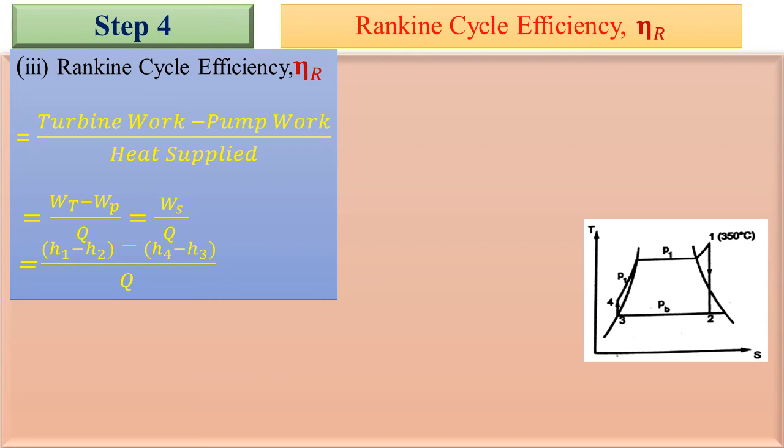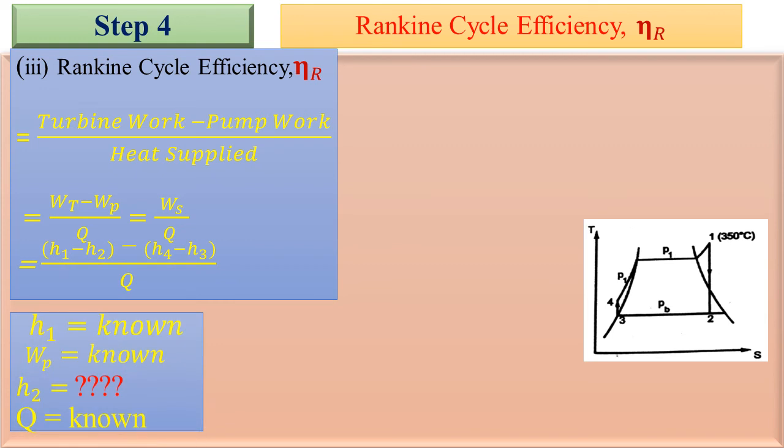Turbine work minus pump work can also be rewritten as net work done or shaft work. Now turbine work: expansion is 1 to 2, so turbine work will be represented as H1 minus H2, minus pump work. It is 3 to 4, so it will be rewritten as H4 minus H3, upon heat supplied. It means to get Rankine cycle efficiency we need the values of H1, H2, H3, H4 and heat supplied.